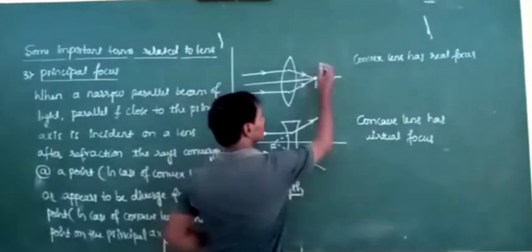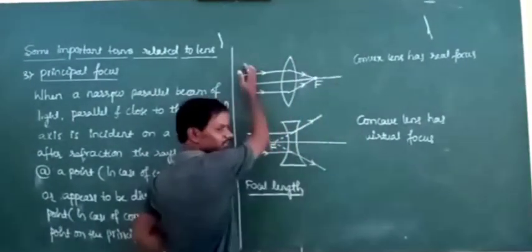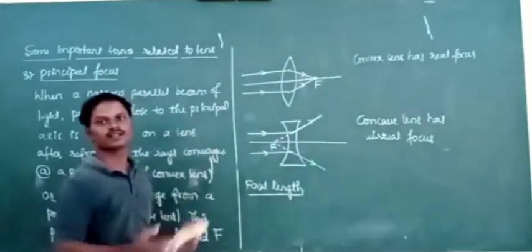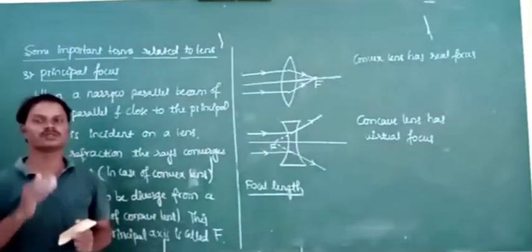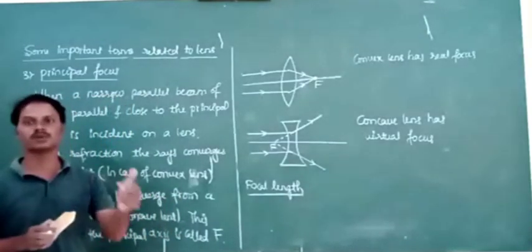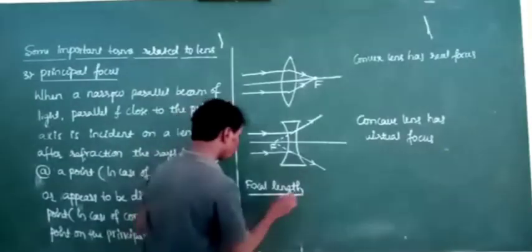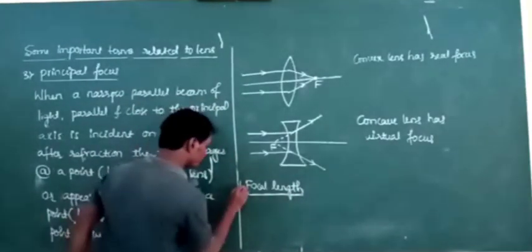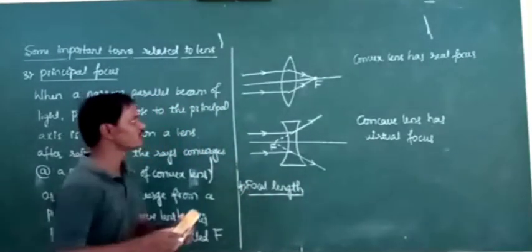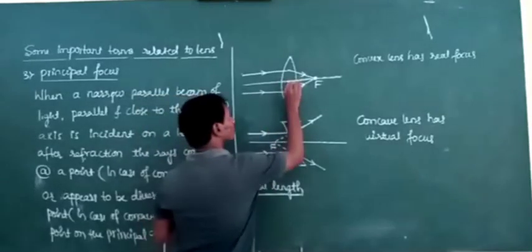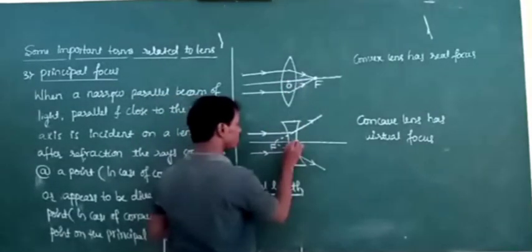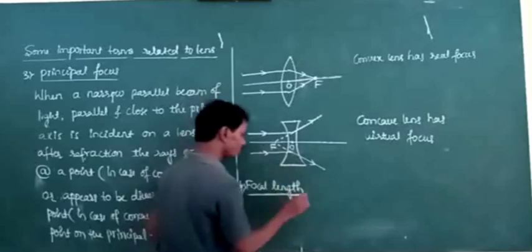Those foci are called conjugate foci. Then focal length, that is fourth one. What is focal length? It is the distance between optic center and principal focus.